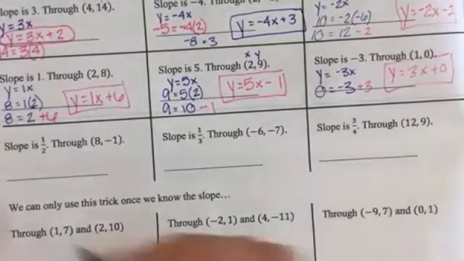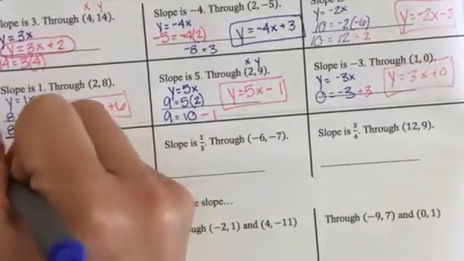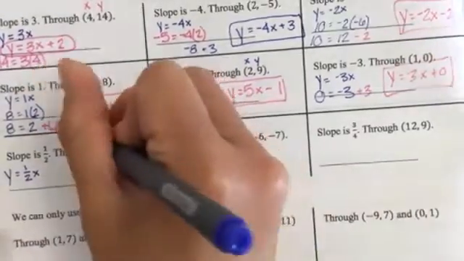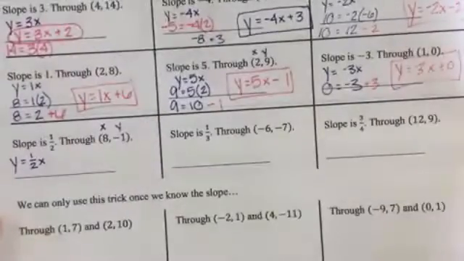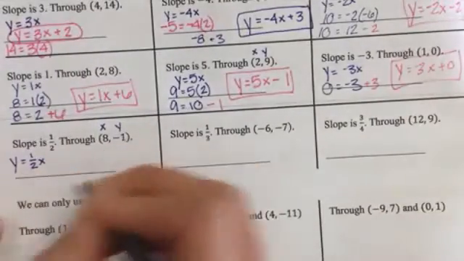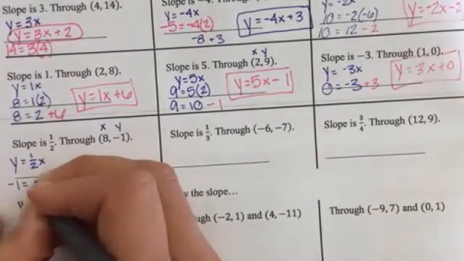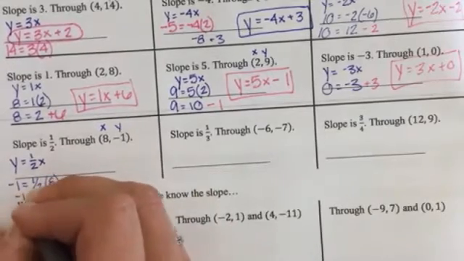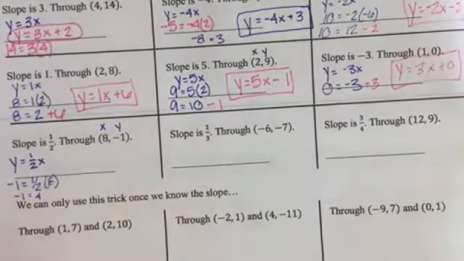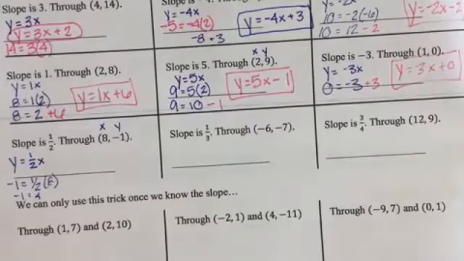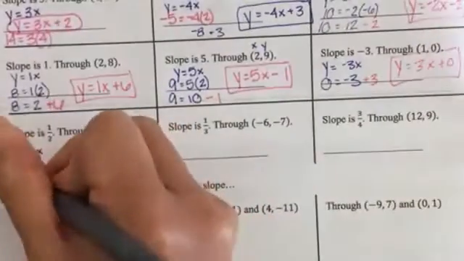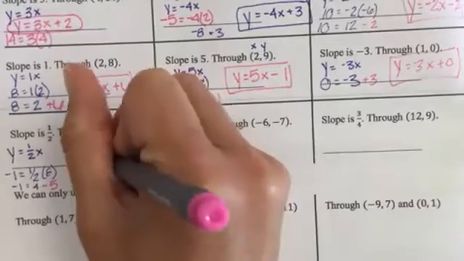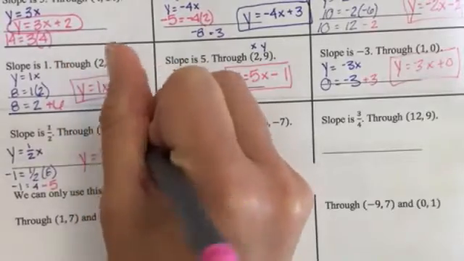Let's do a fraction one just for good measure. Y is 1/2 x. So negative 1 equals 1/2 of 8. Negative 1 equals 4. How would I get from 4 to negative 1? Minus 5. So y equals 1/2 x minus 5.